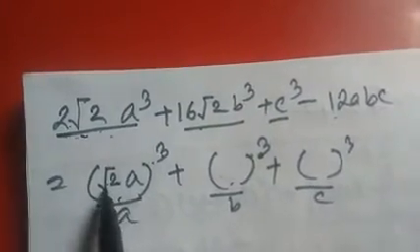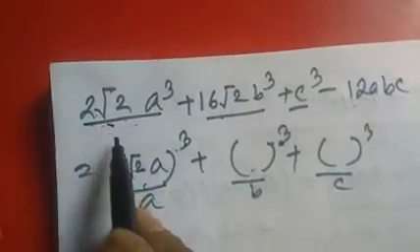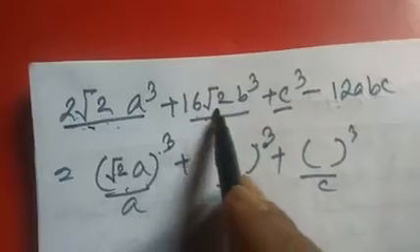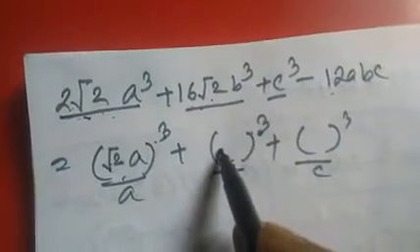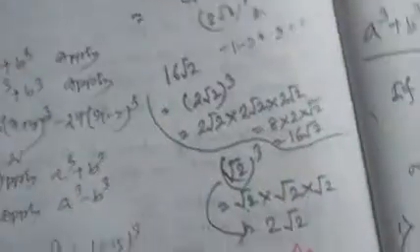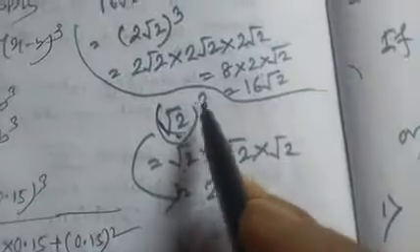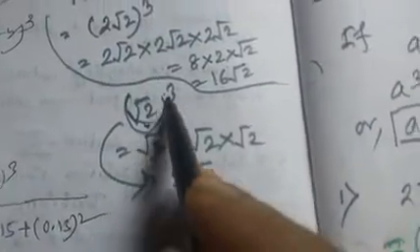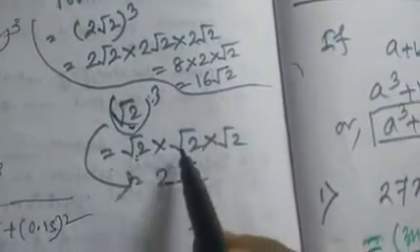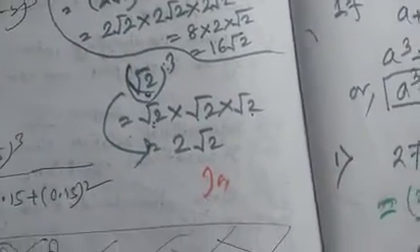So what will you write inside the bracket so that after doing cube you get again 2 root 2? Here also you have 16 root 2. So what will you write inside the bracket so that you get 16 root 2? I have shown this here. See, root 2 whole cube means root 2 into root 2 into root 2, so 3 times root 2.